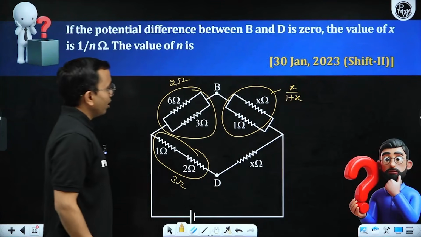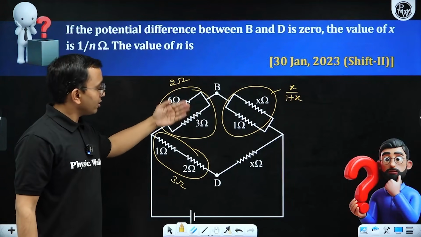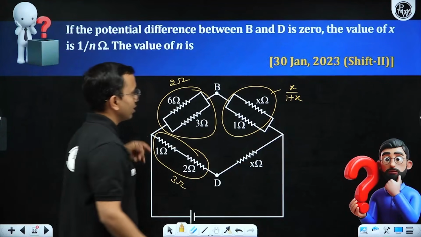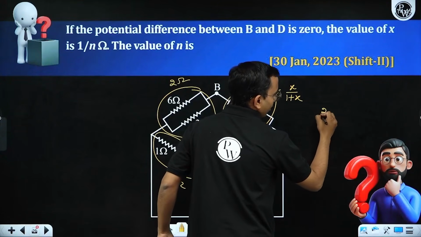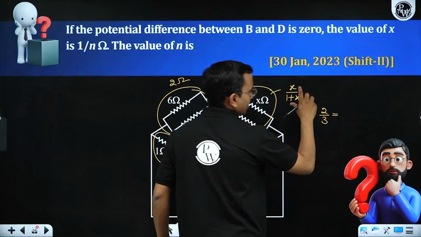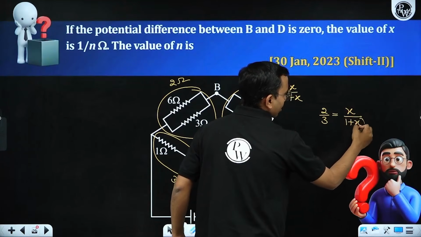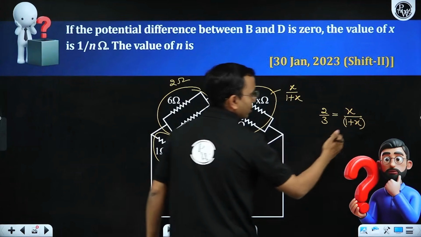Okay. B and D should have the same potential, means this resistance by this should be equal to this by this. Okay. So 2 by 3 is equal to this resistance, that is X divided by 1 plus X, by X here.